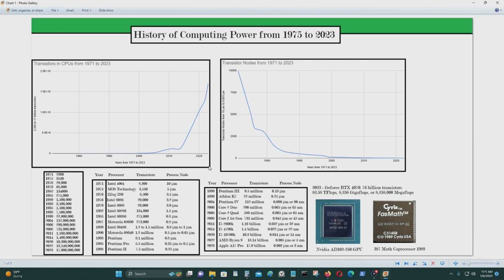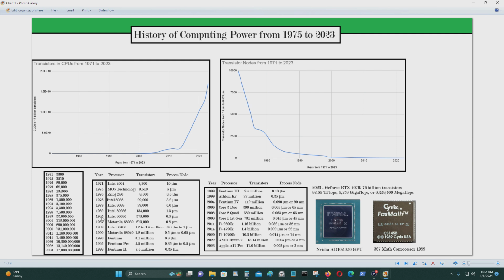Or you could say 10 times 10 to the negative 8, if you want to put it in that notation. So that's basically what a micrometer is. So in 1971, they had 10 micrometers. And in 1976, they had 5 micrometers. So as this number gets smaller, the transistors get smaller. And then we go to nanometers after that.